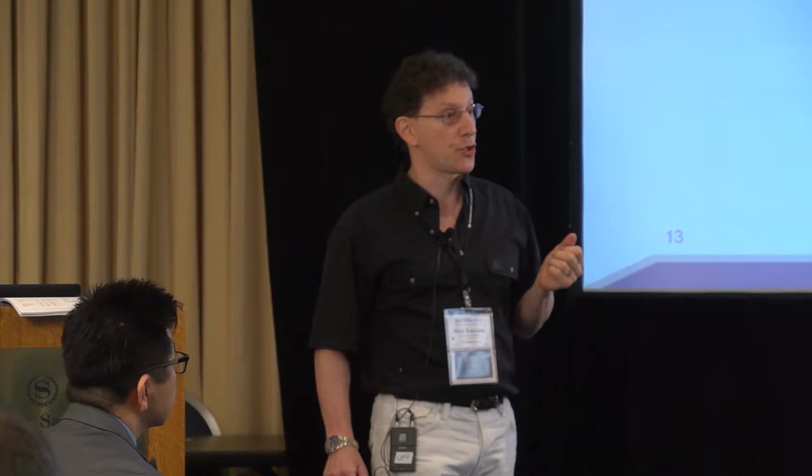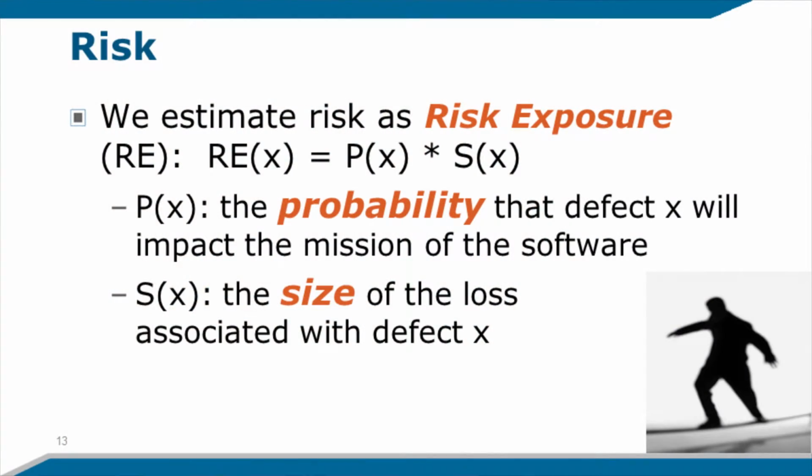So given that we're never going to have completely secure software, we as architects have to think about what are the threats that we're facing and attempt to design strategies for what we think are the biggest threats. And so you need to think about risk exposure, and risk exposure is the probability of a loss times the size of a loss.